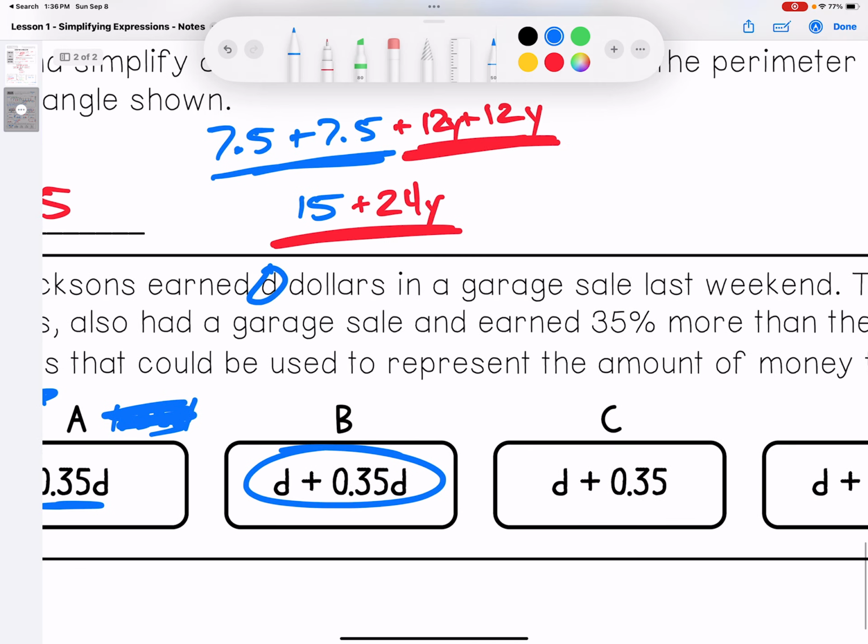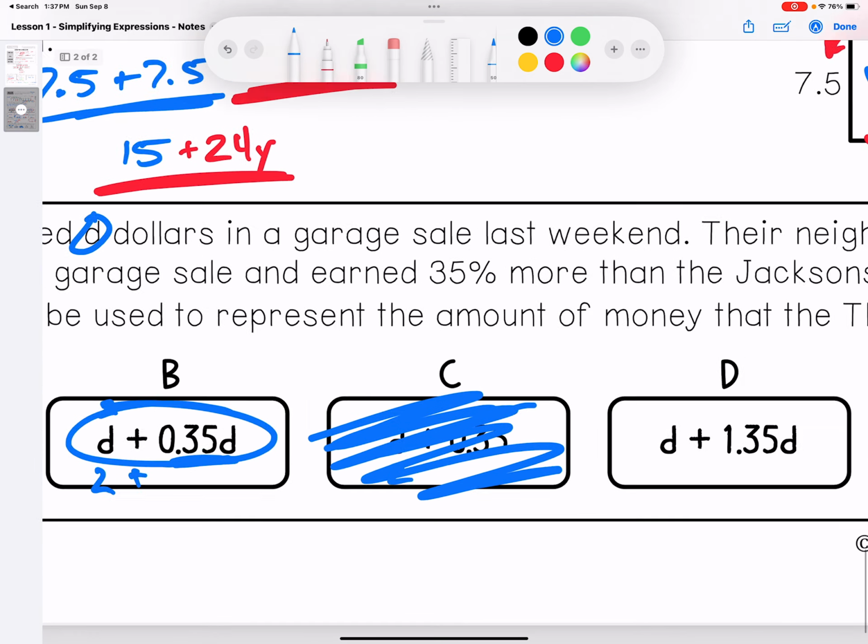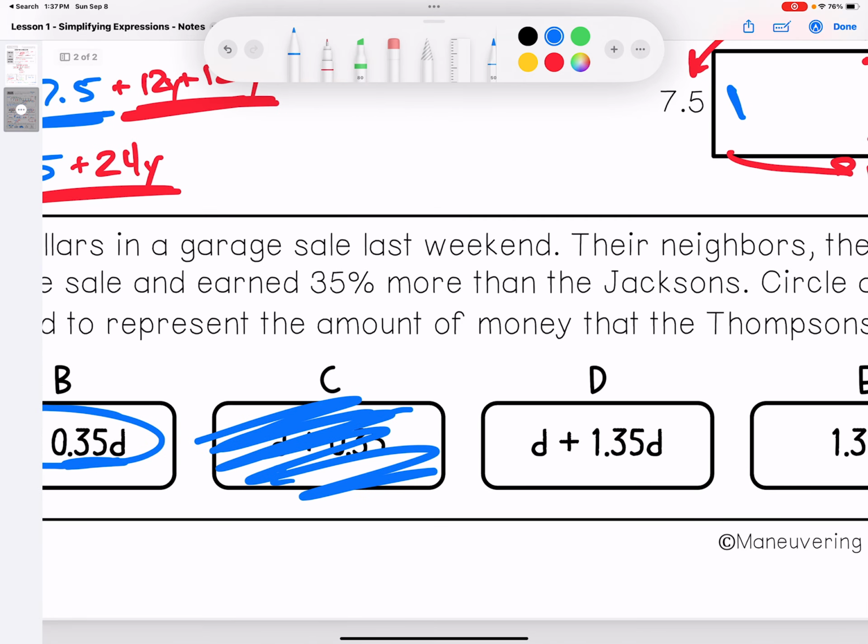Right here, they earned $2, plus they earned the more money times the $2. C, $2 plus 35%? No, because when you're talking about percent, you have to multiply. So C is not it. Is D it?